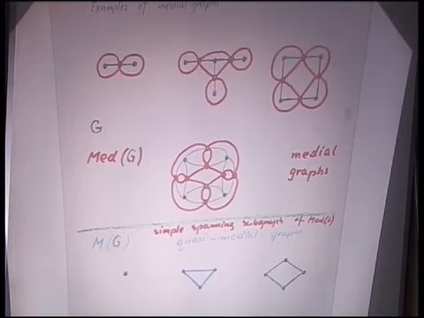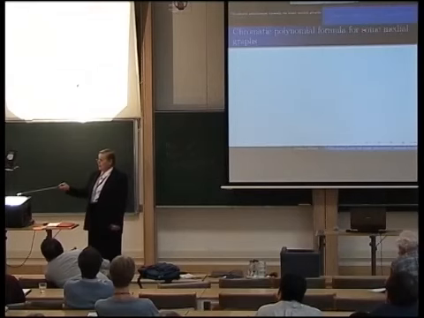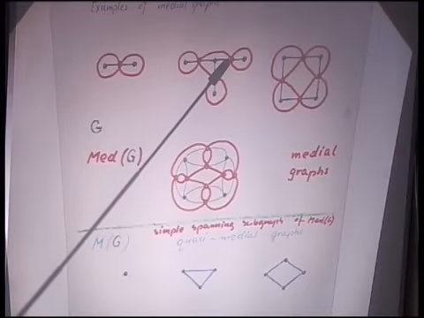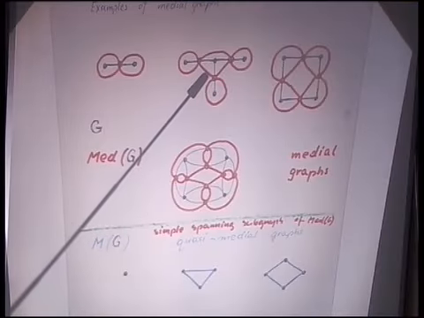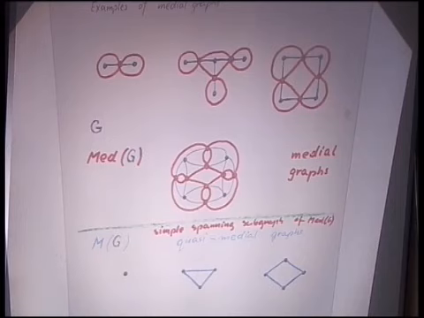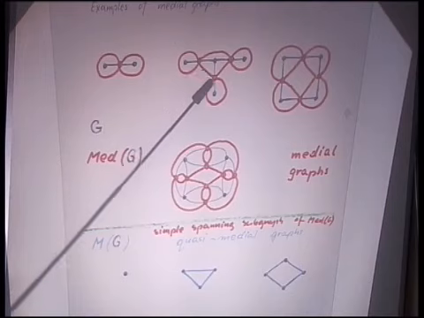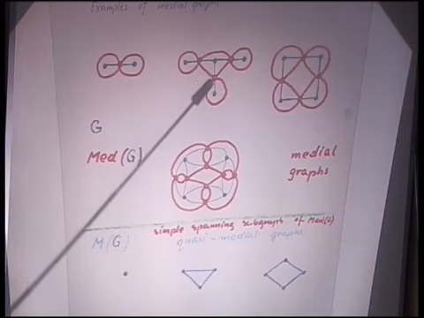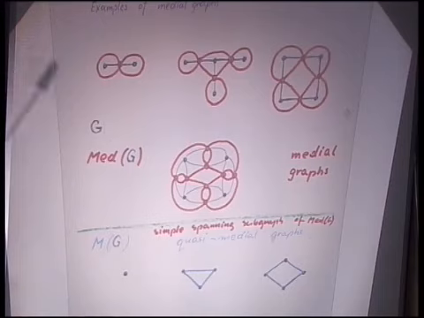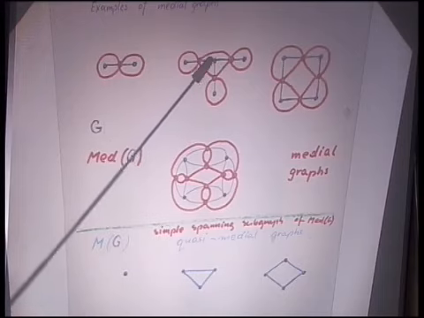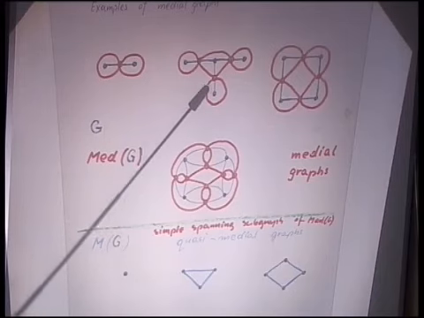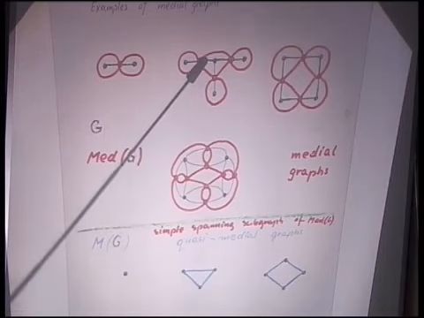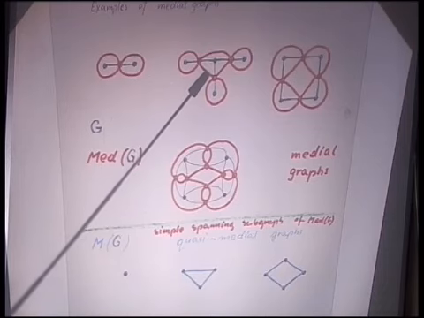Then we consider edges between red vertices. We put a red edge, the red edge is an edge of the medial graph, as follows. A red edge means that this red vertex and this red vertex are adjacent in the medial graph because they are on the boundary of the same region, and they have a common end vertex.